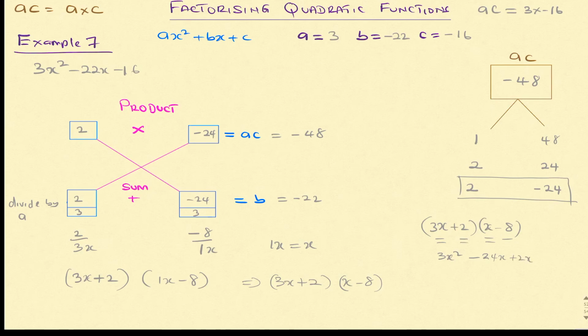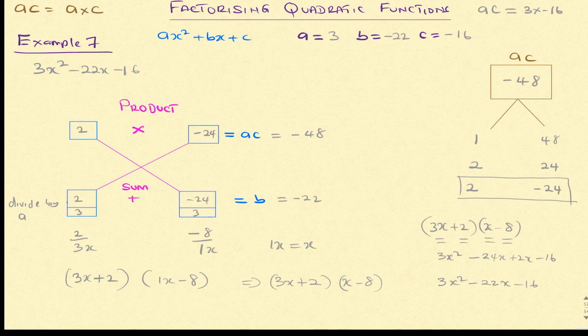And 2 times minus 8, that would be minus 16. So to complete the algebra, you get 3x squared minus 22x minus 16.